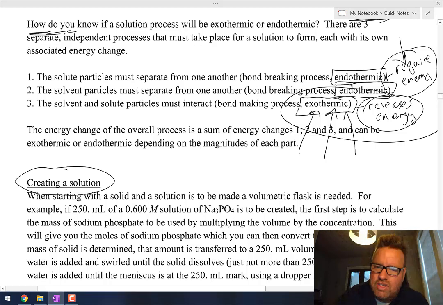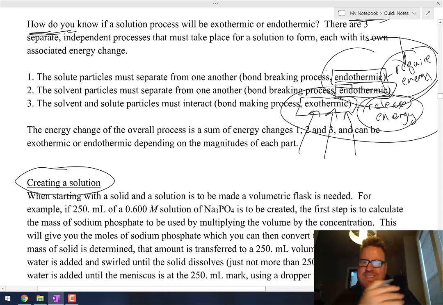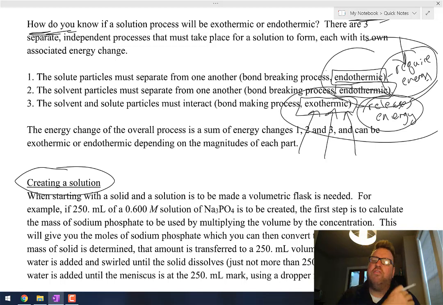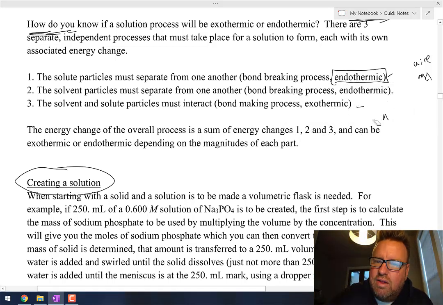Again, those are all exothermic processes. Things that feel cold require energy. They're absorbing the heat from your body. If you put an ice pack on you, that heat is being absorbed from your body into it. We're going to talk about endo and exothermic in way more detail later this year when we get to Unit 5.